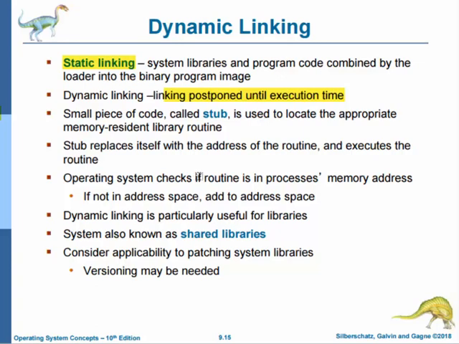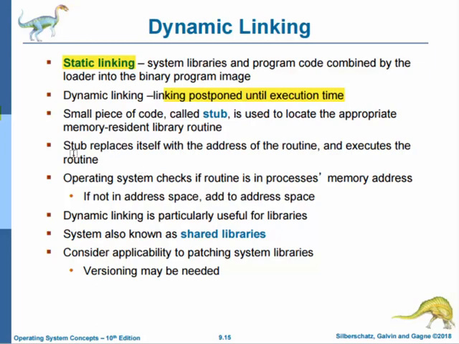This feature is usually used with system libraries such as, for example, the standard C language library. Without this facility, each program on a system must include a copy of its language library in the executable image. This requirement not only increases the size of an executable image, but also may waste main memory.